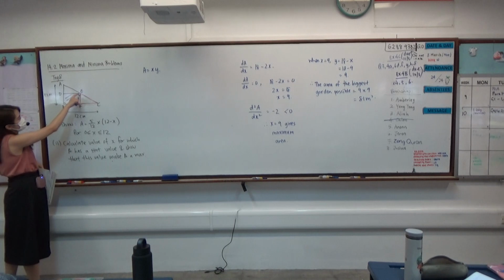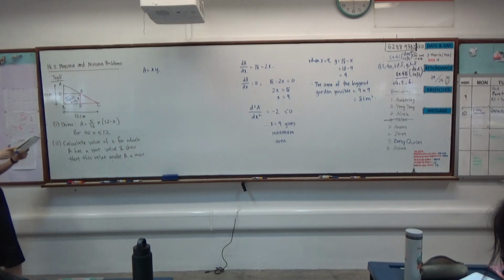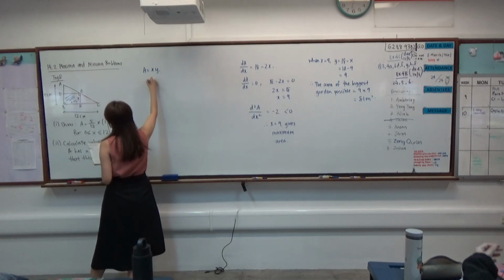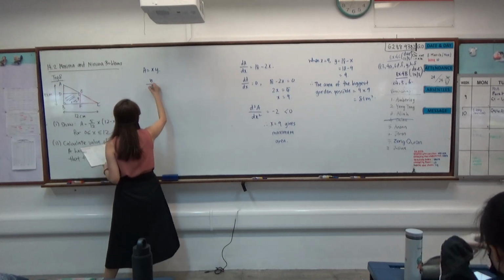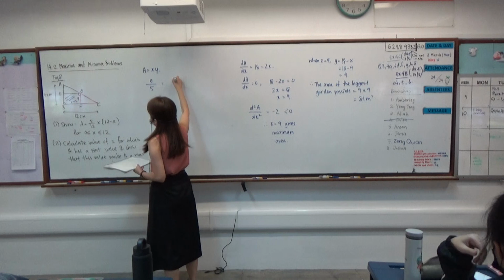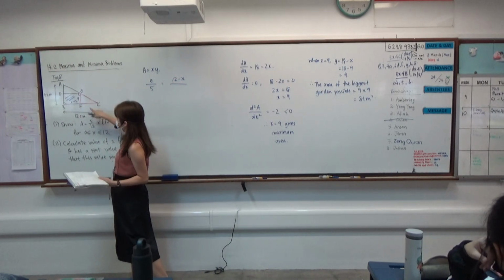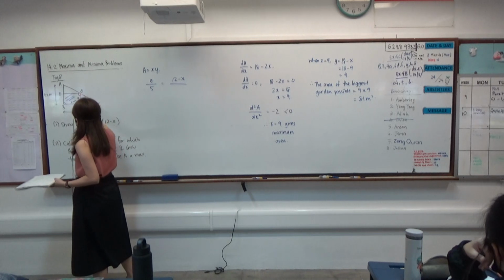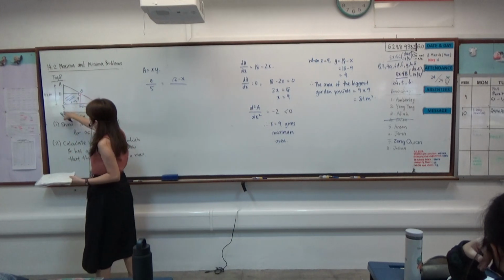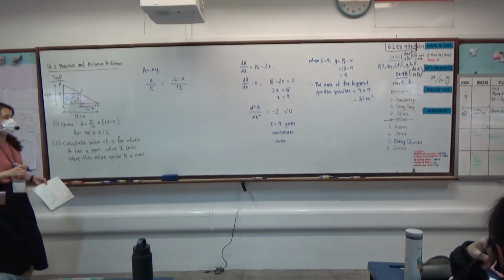So y versus 5 is equal to FC, which is actually 12 minus x, because this is x and this whole thing is 12, so this part will be 12 minus x, to the whole base of the bigger right angle triangle.